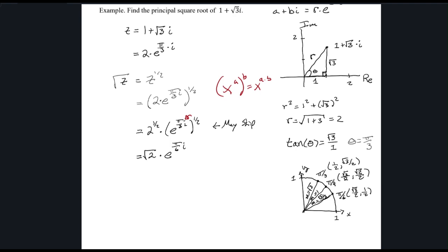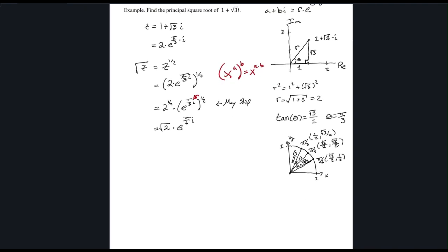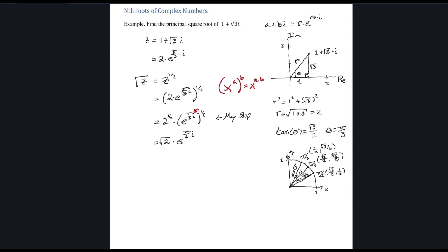We want to write this now in standard form. So to convert back to standard form, we recognize that the a value is going to be r times the cosine of the angle, and b equals r times the sine of the angle.